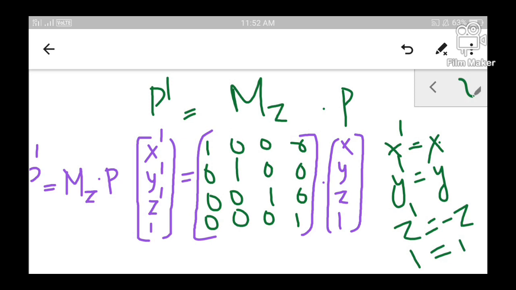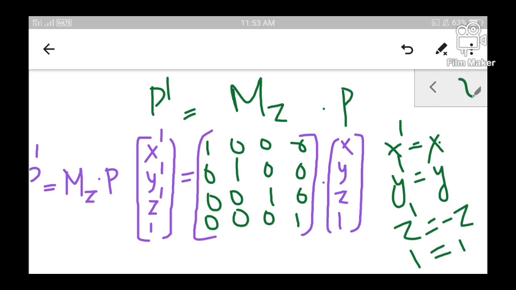To get the first equation, there are no values related to y and z. Only there is an x value, and since it is a positive value, x should be multiplied to 1. So only x is multiplied to 1, all other values are written as 0. When we take the second equation, it is y dash equal to y.